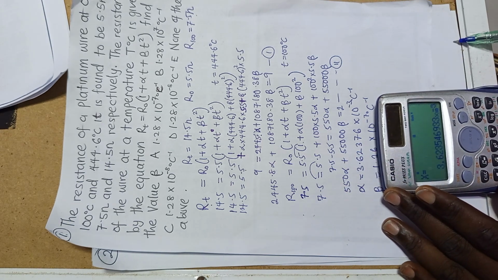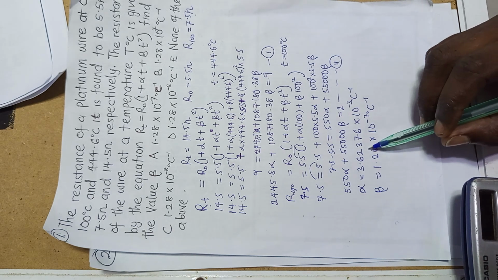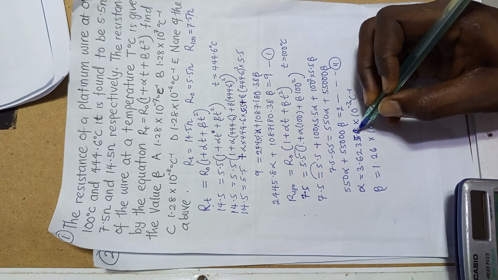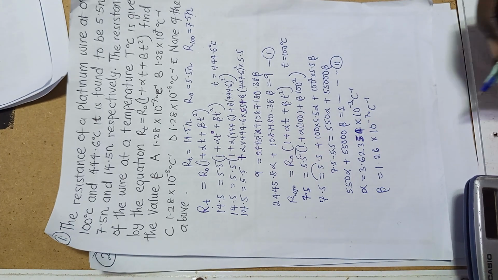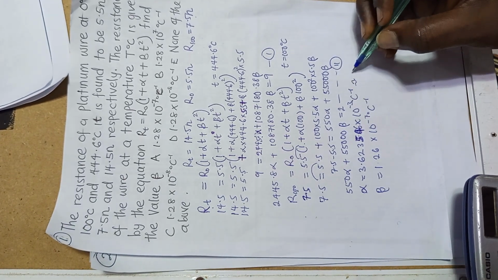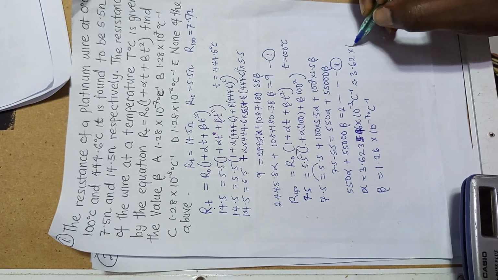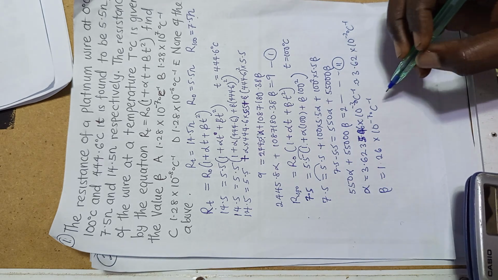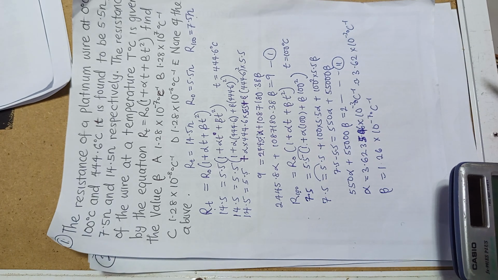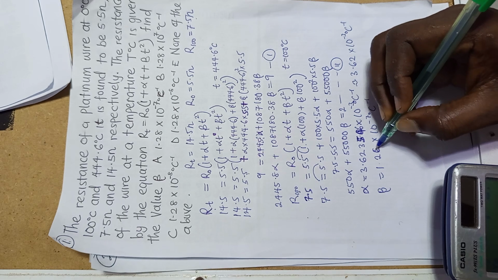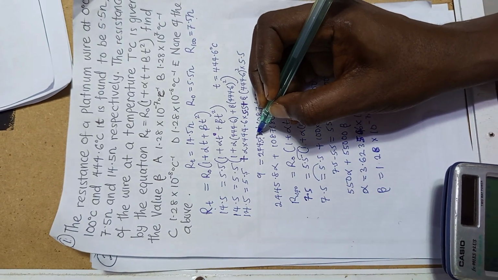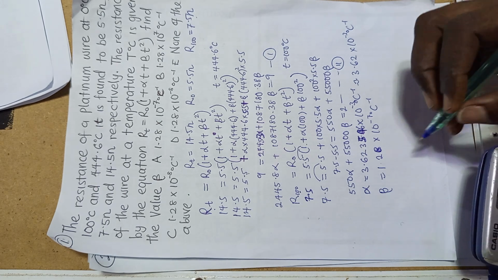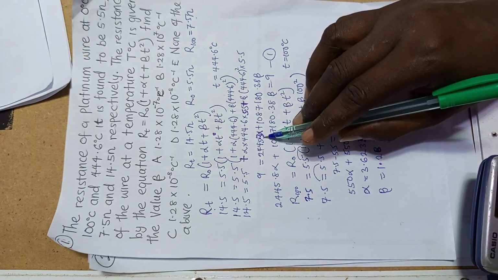So our first answer is 3.62354, approximately 3.62 times 10 to the power minus 3 per degree Celsius. Then the second answer is 1.28. If you use 8 here instead of 0.3, you're going to have a different answer, 1.26, only because of this one.